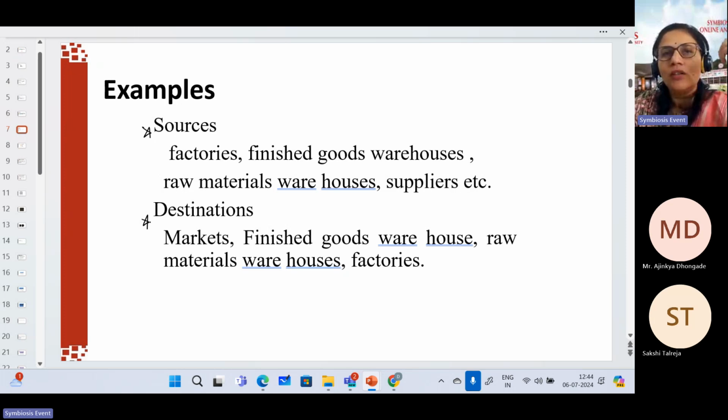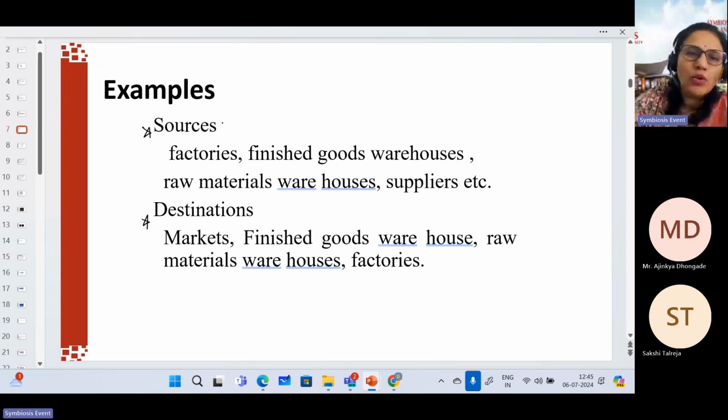When I talk about units of demand or units of supply, I mean whatever product is produced, which is going to be transported from the sources to different destinations with some cost, right? So I am going to have a weight with respect to cost.